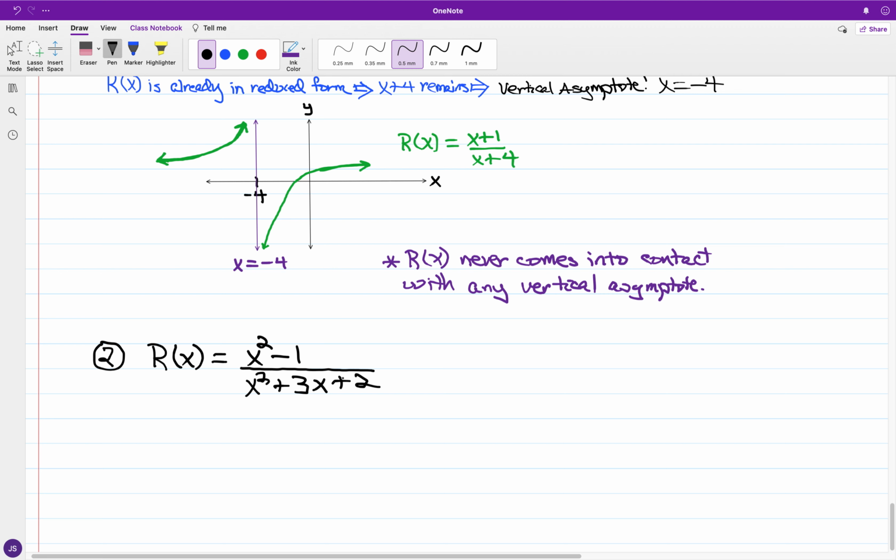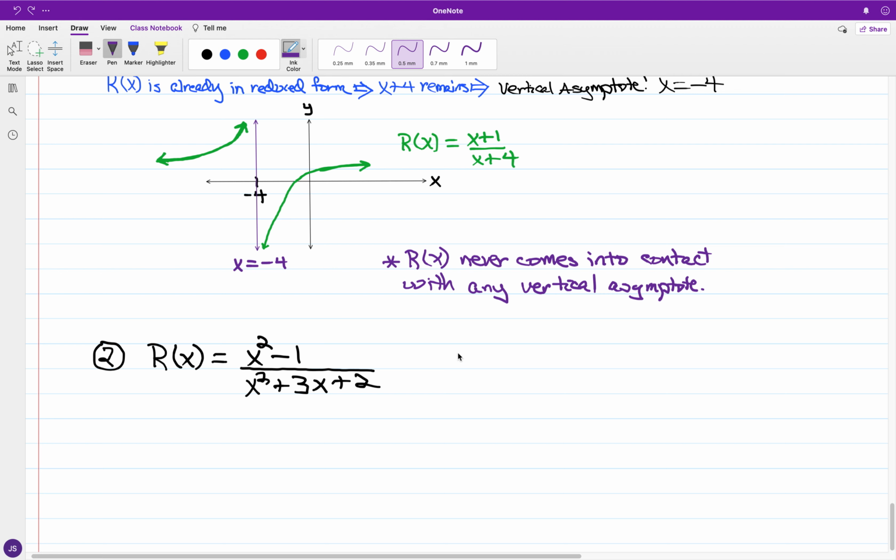And now if we're looking for the domain, you're going to be looking at what is not allowed to be equal to 0. In this case, you had the denominator. And you're looking for the domain before you do any kind of simplifying or reduction. So we have on the bottom x squared plus 3x plus 2.